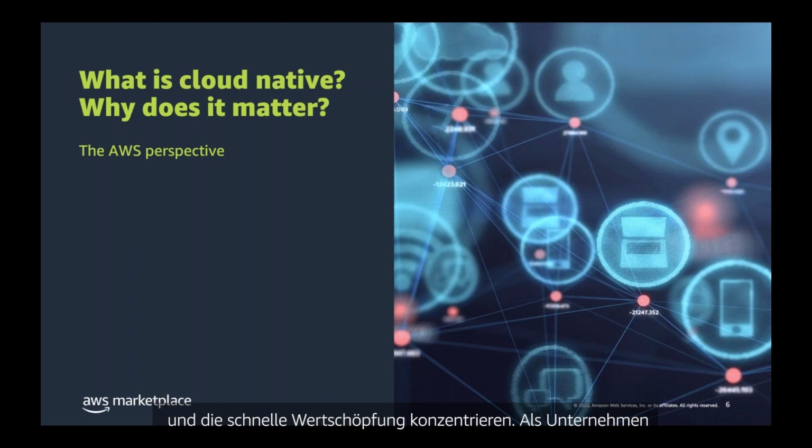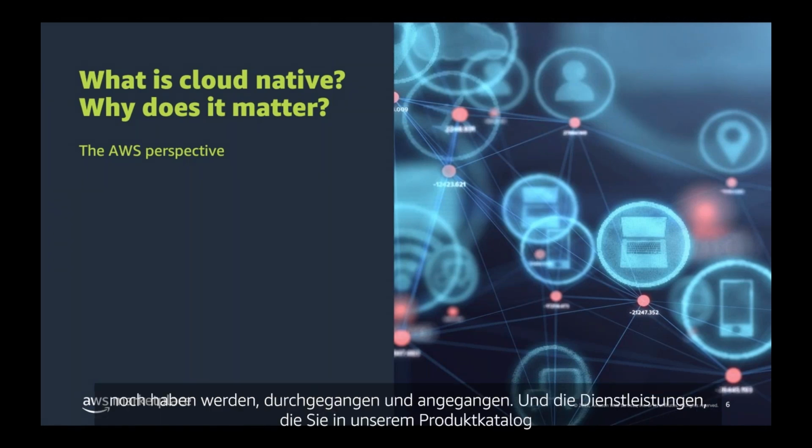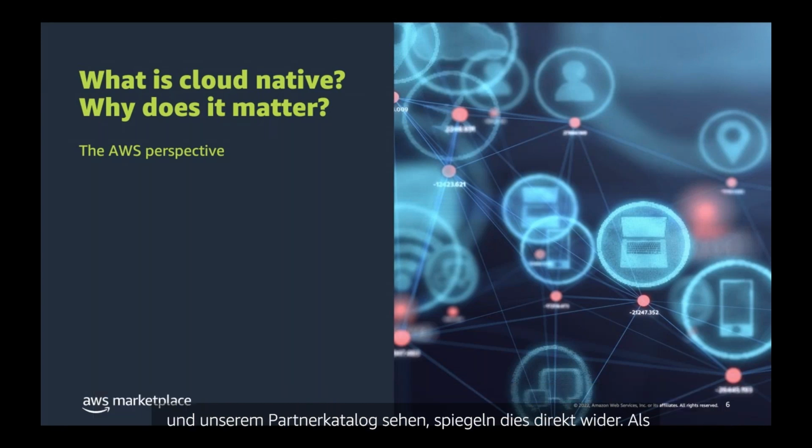As an organization, we've gone through and addressed the different problems that other organizations have or will have at scale. And the services that you see in our product catalog and our partner catalog is a direct reflection of that. As an example, the AWS SDK has features such as retries, exponential backoffs, circuit breakers, and jitters.